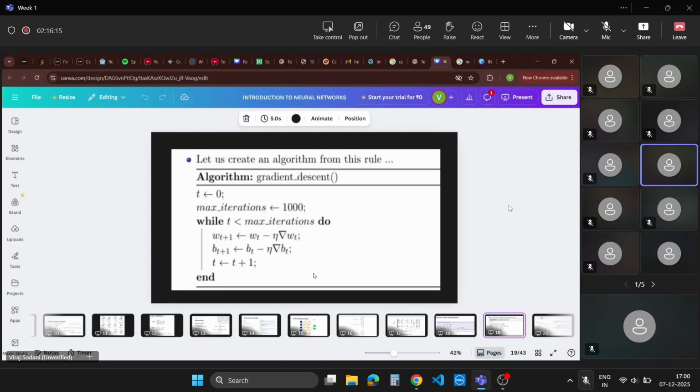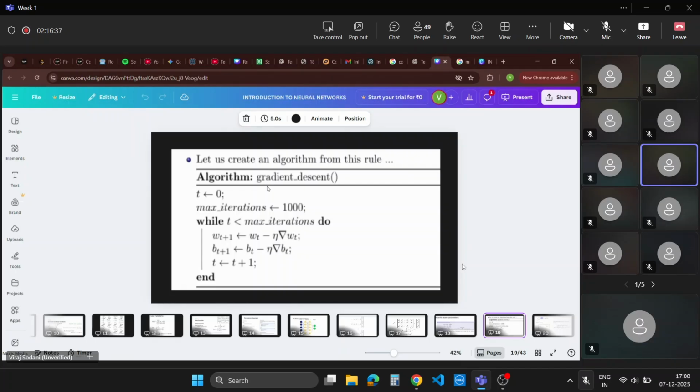Yes, I have just demonstrated a simple basic algorithm called gradient descent, where you go along the gradient. There are obviously many other algorithms which take other parameters into consideration as well.